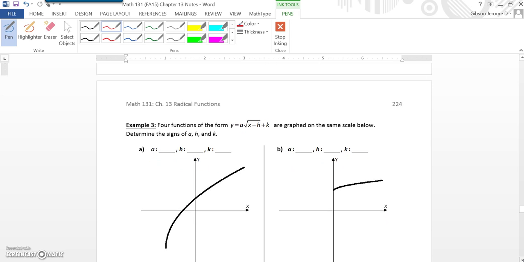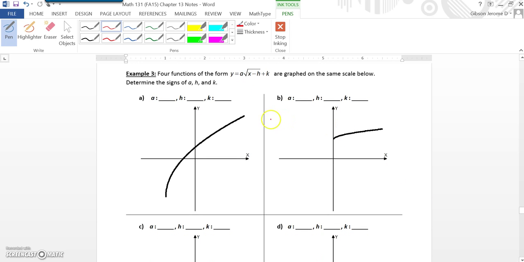Example 3. It says functions of the form y equals a times the square root of x minus h plus k are graphed on the same scale below. Determine the sign of a, h, and k.